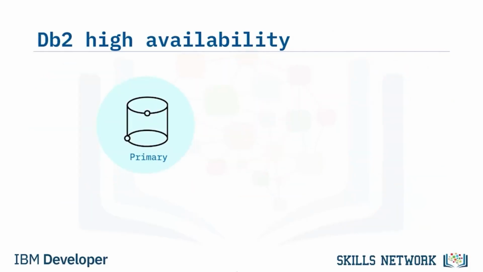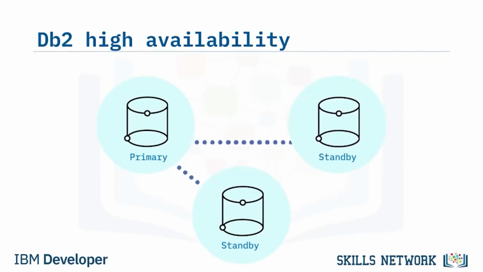DB2 provides high availability disaster recovery, or HADR, functionality to support high availability systems. HADR replicates changes made at a primary database to multiple standby servers.